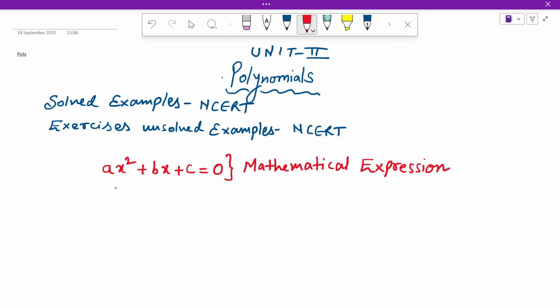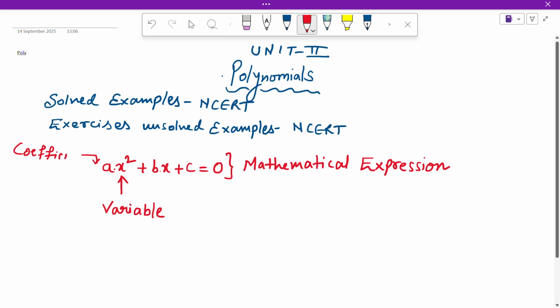So here, this alphabet which is x is known as the variable, right? And here a is written along with x square and b is written along with x. So here a is known as the coefficient of x square.